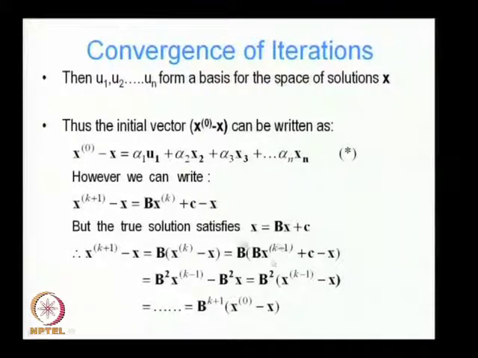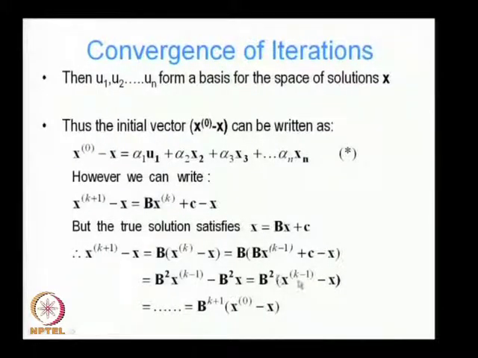So, x^k I am replacing by Bx^(k-1) plus c minus x. So, I eventually get B squared x^(k-1) minus B squared x. And if I take out the B squared outside, I get B squared (x^(k-1) minus x).